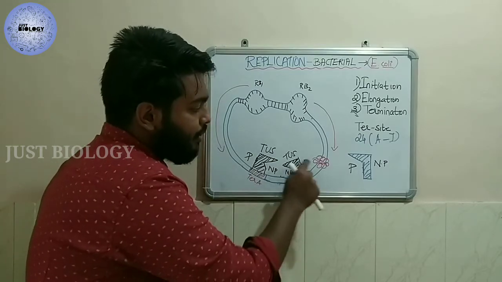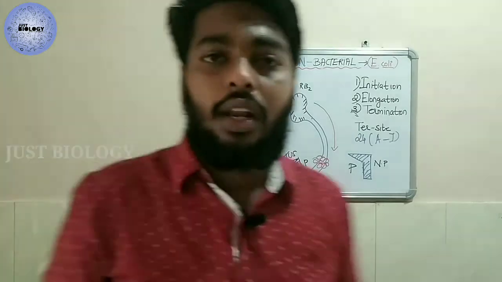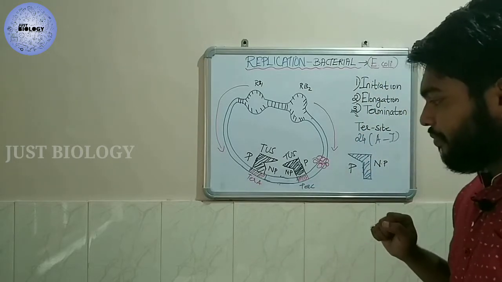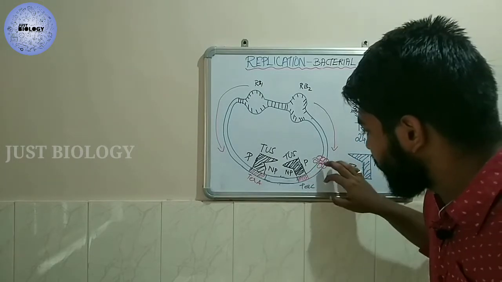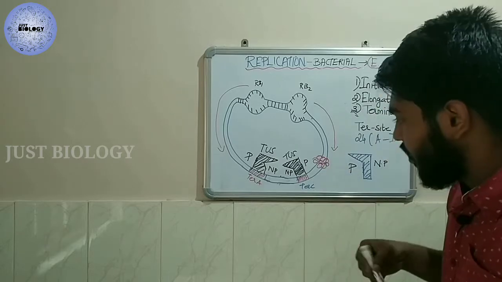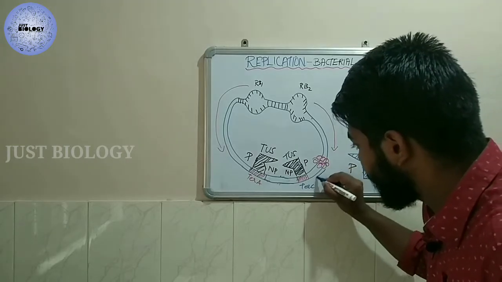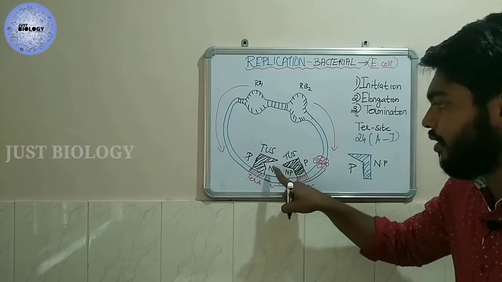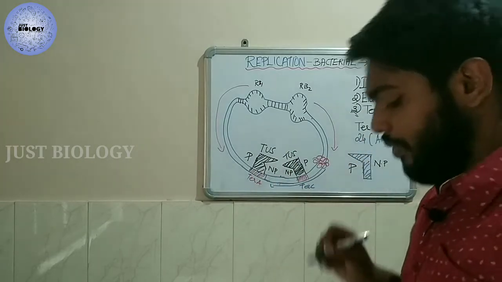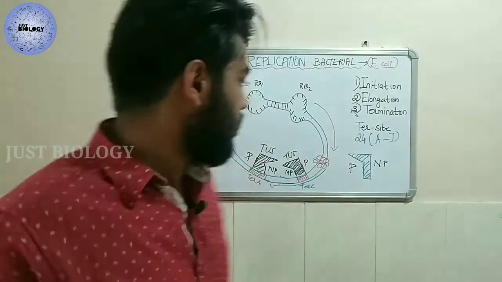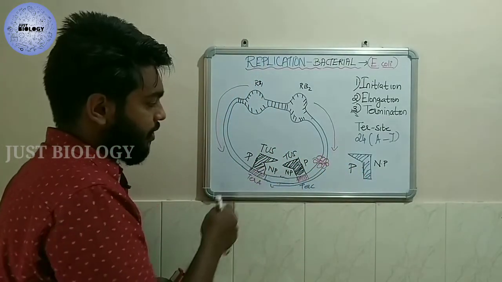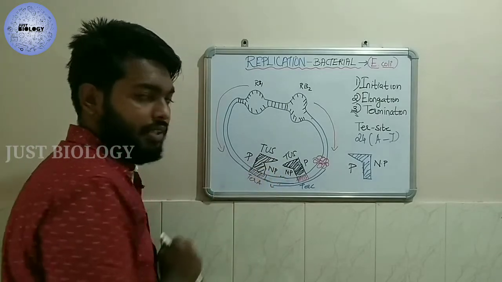So when it comes to the permissive end, they will allow this B protein to pass over here. But the protein reaches up to here. So let's say this is the non-permissive end of the next TUS protein. So this B protein or this B complex cannot pass through this point because this is a non-permissive end.